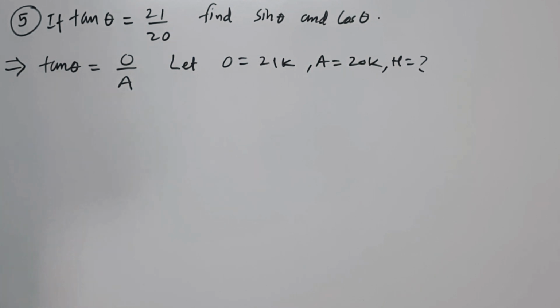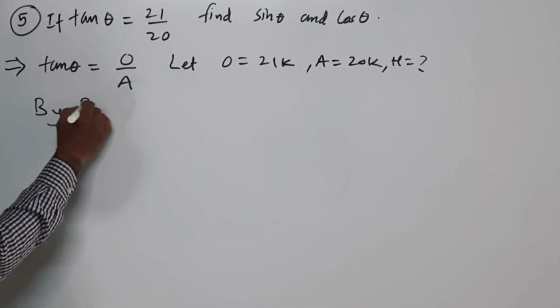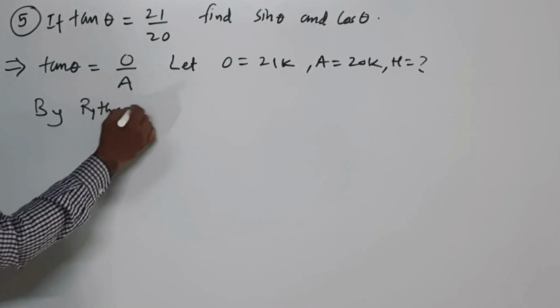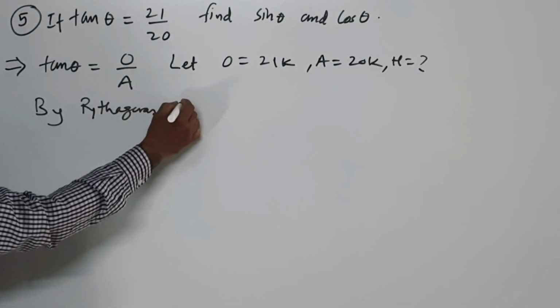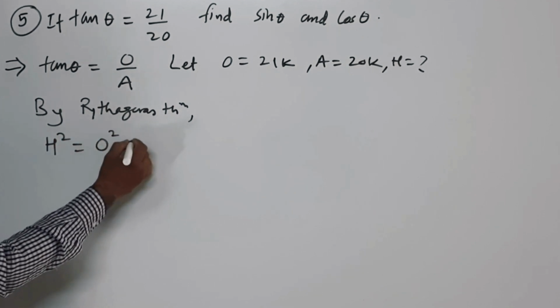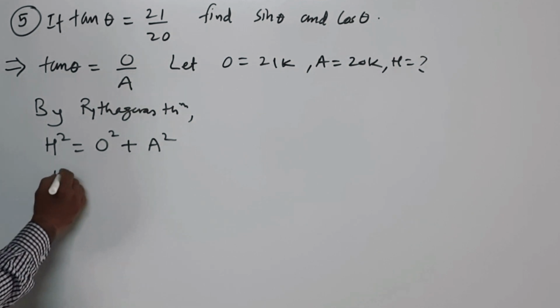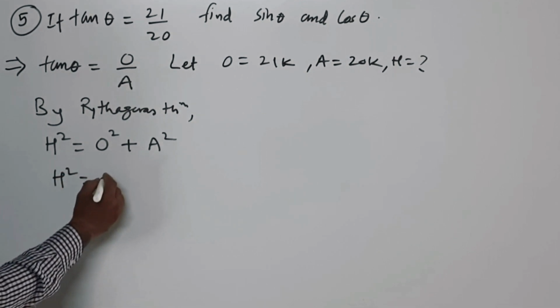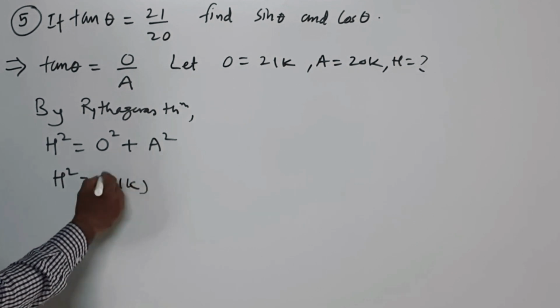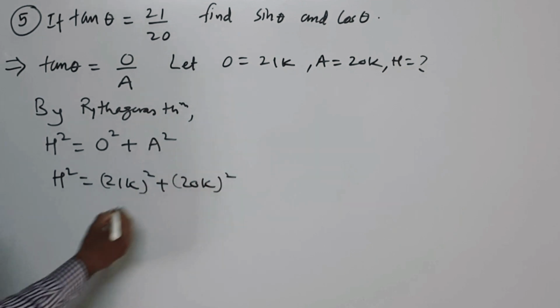So in a right angle triangle, by Pythagoras theorem, square of the hypotenuse is equal to sum of the squares of adjacent side plus opposite side, that is x square is equal to opposite side 21k square plus adjacent side 20k square.